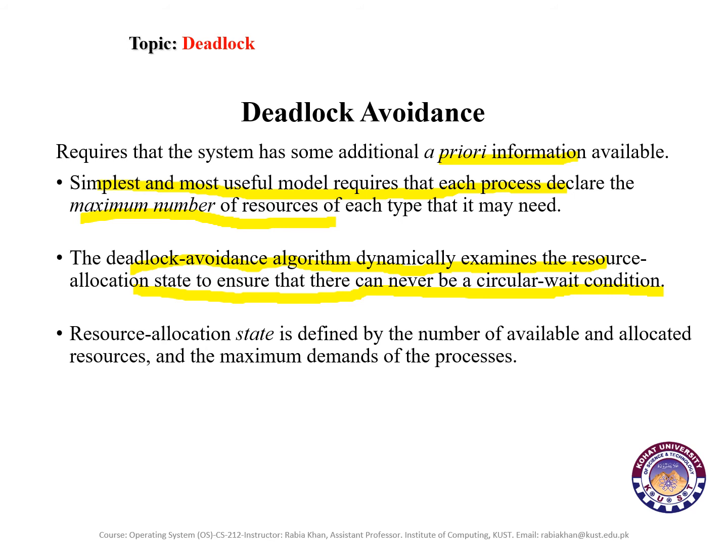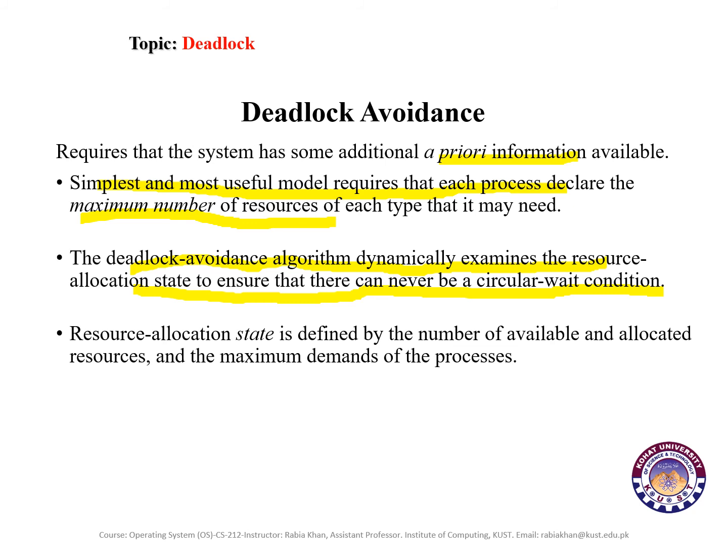Resource allocation state is defined by the number of available and allocated resources along with the maximum demand of all the processes, as this information will be required for the deadlock avoidance algorithm.